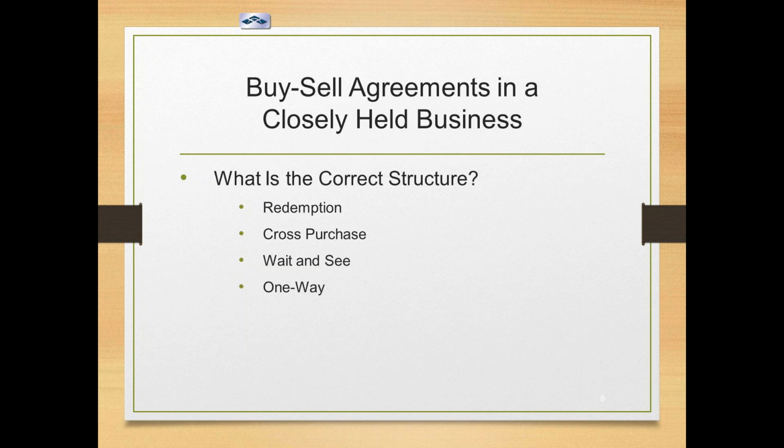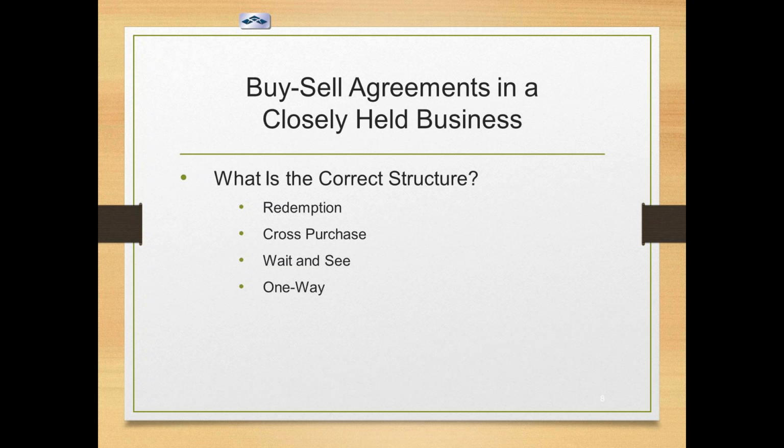Well, the agreement says, in that example, that in the event something happens to owner A or something happens to owner B, XYZ Corporation is going to do the buying of owner A's interest if something happens to owner A, or owner B's interest if something happens to owner B. That's what the agreement says.